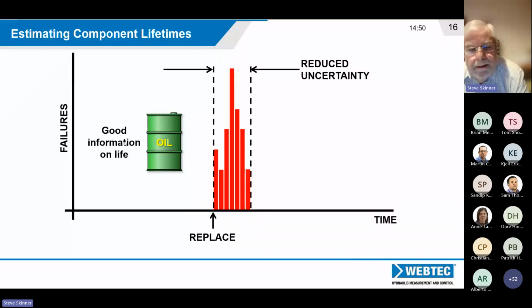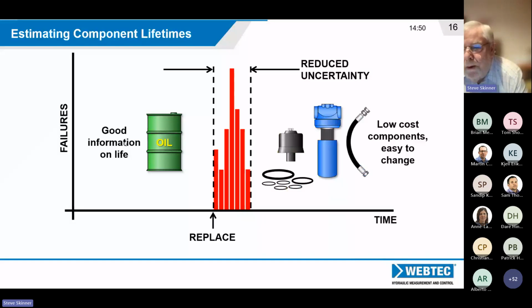So again, if we can accurately predict how long something is going to last, then that's not too bad a situation. Also, if the cost of the components is very small, if we're talking about filter elements and seals and air breathers and maybe hoses as well, if they're low cost components and they're easy to change, then replacing them fairly early on is not too much of a problem.